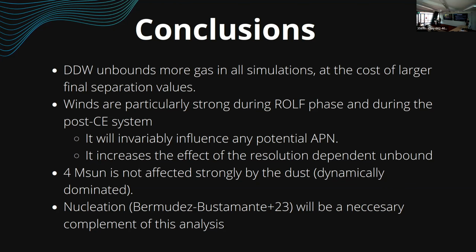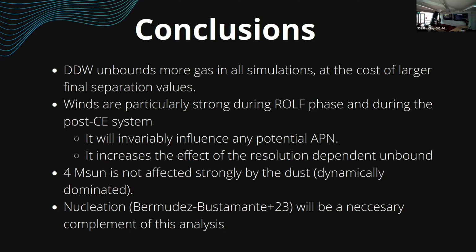It's in progress, and this is not with dust. I found that, contrary to what one would believe, apparently there's a maximum in the mass ratio between 0.6 and 0.8 where you will unbind more gas just by changing the companion alone. But it's not consistently increasing; it's just around that maximum.